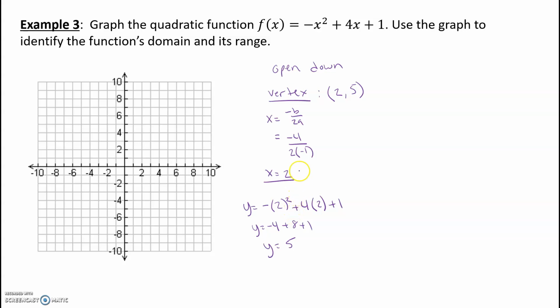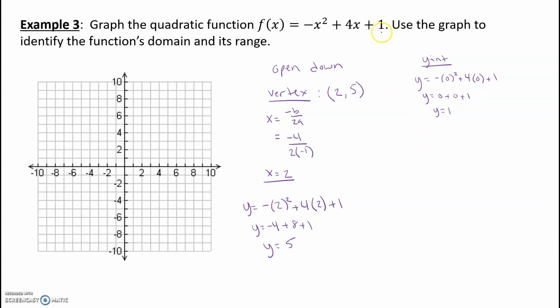So we have the vertex, and it opens down. Let's get our y-intercept. You plug in 0 for x, so y equals -0 squared plus 4 times 0 plus 1. 0 squared is 0, 4 times 0 is 0, plus 1, so y equals 1.